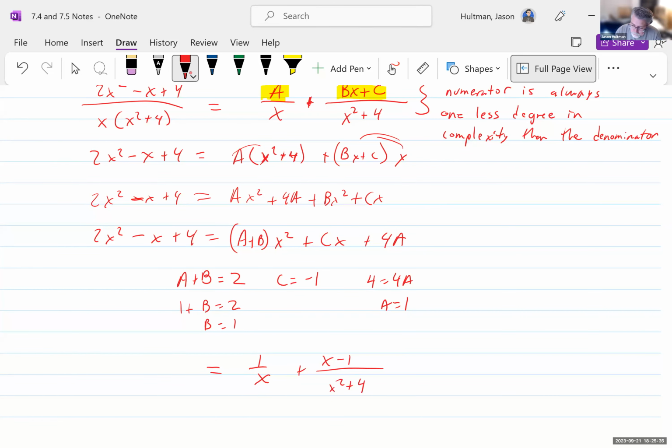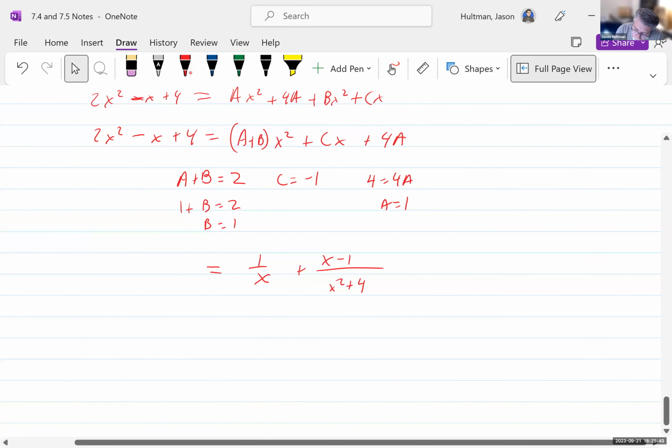But through the power of fractions, we can break this up into a common denominator. This is 1 over x plus x over x squared plus 4, minus 1 over x squared plus 4.